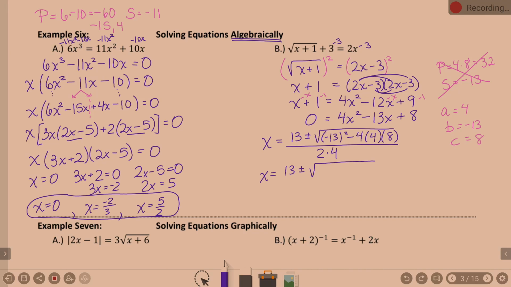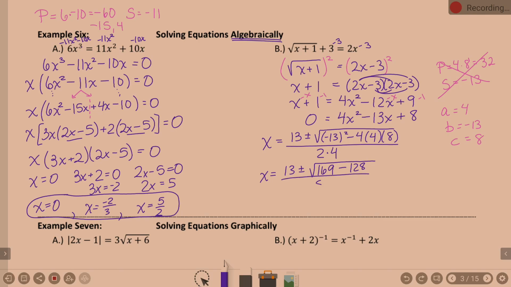Now, first of all, use your brains. Don't let the calculator take you wrong. Negative 13 squared is going to be what? And that's a positive 169. I've still got people making that mistake where they see that negative and they square it. I don't know if it's their brains or their calculators misfunctioning, but it is going to be a positive. Minus 4 times 4 times 8, 128. And it's all over 8.